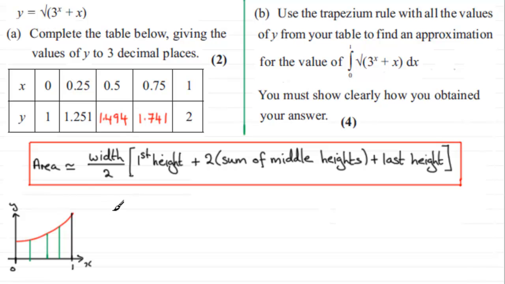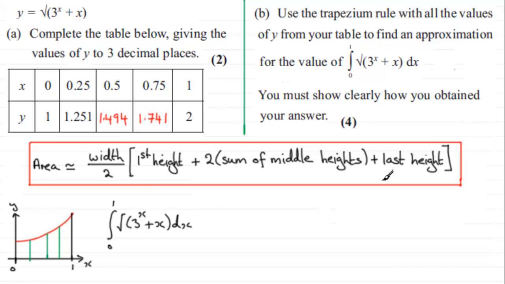So when it comes to working out this integral, let's put it down: the integral from 0 to 1 of the root of 3 to the power x plus x, integrated with respect to x, corresponds to the area underneath this graph.